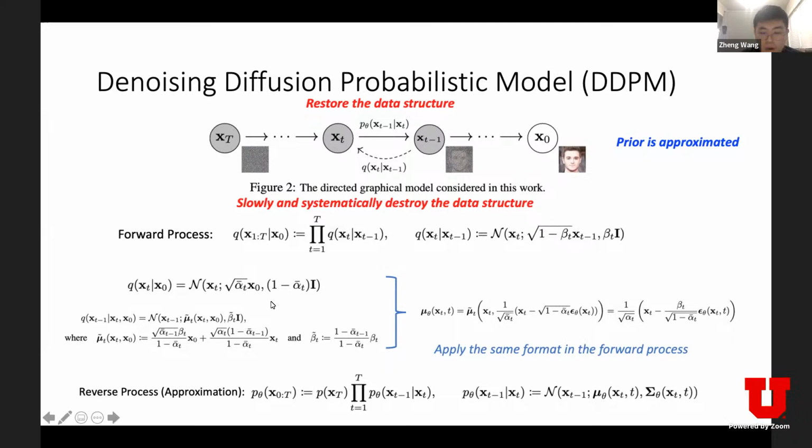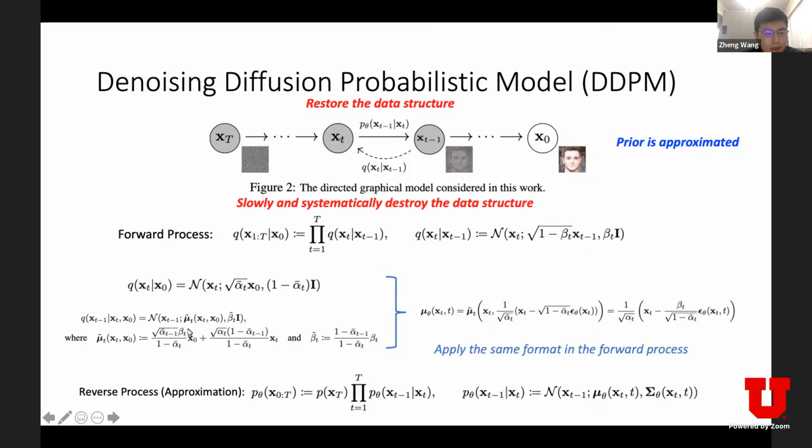And here some good properties can be utilized to help formulate the reverse process Gaussian distributions. Here, given the forward process, we can get the marginal conditional distribution at each time point, which is also a Gaussian distribution. You can treat this xt as a noisy version of the observed random variables.